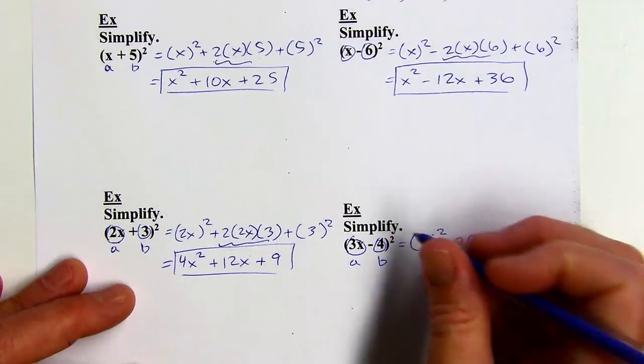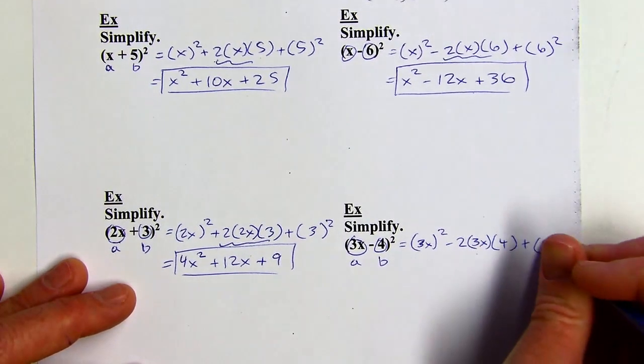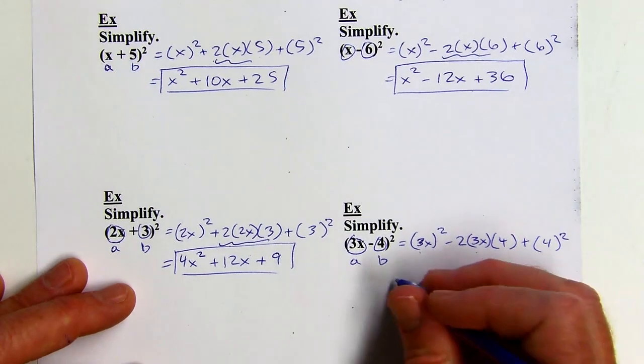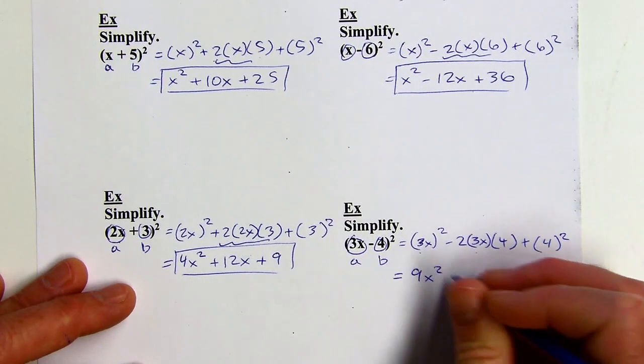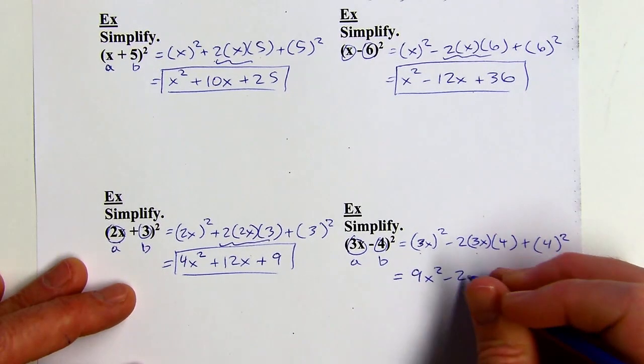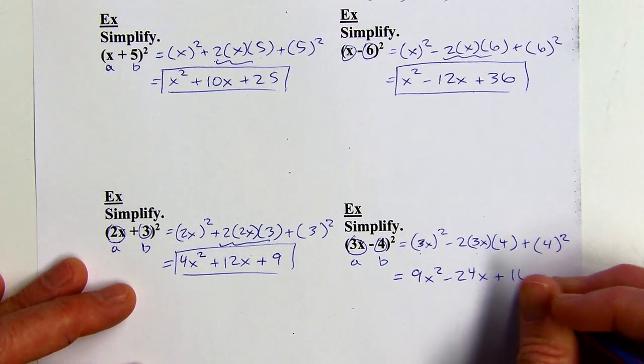Okay, the A is going to be 3x, the B is 4, and then I got to think that's going to be 3x times 3x, that would be 9x squared. Okay, here I've got negative 6x times 4, that's negative 24x, and then 4 squared is 16.